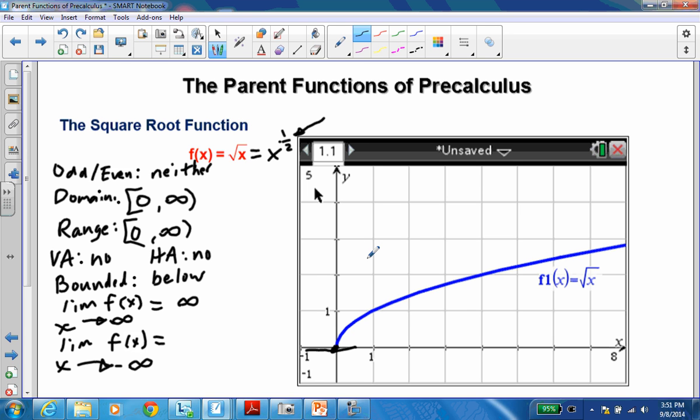Right, so this function does not actually approach negative infinity. So we say that the limit as x approaches negative infinity does not exist. And I give you a little acronym, DNE, which stands for does not exist. Okay, so kind of caught on, I think. Good job. Okay? Next.